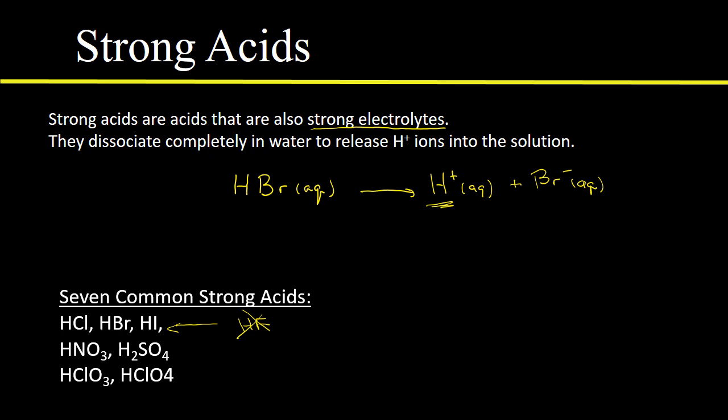And then 2 that don't sound familiar: chloric acid and perchloric acid, which should be HClO3 and HClO4, with subscripts. All right, so hopefully you've already got those memorized from that last lecture video.